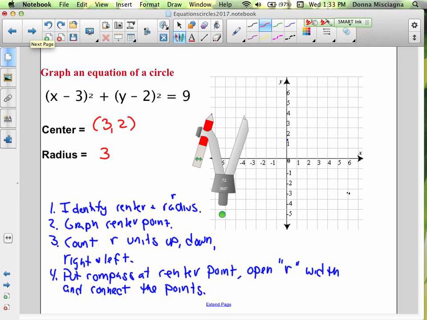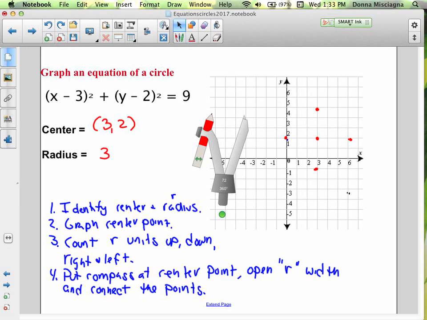All right, so now we'll follow the steps. We'll graph the point (3, 2). And then we just count 3 in each direction to the right. 1, 2, 3. And then to the left, 1, 2, 3. And then up. And then down.